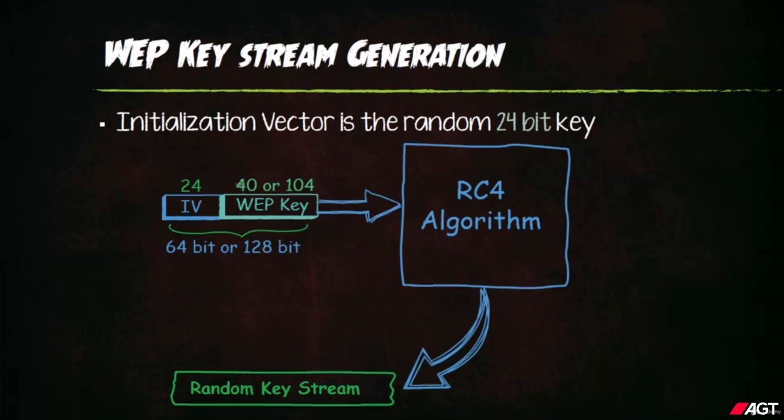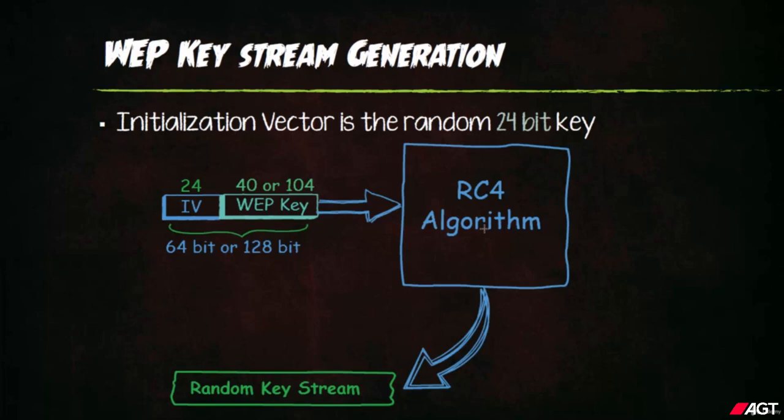We put the password in the access point when we set up WEP, and the initialization vector is a random value generated by the protocol. Then we pass this 64-bit or 128-bit key to the RC4 algorithm.